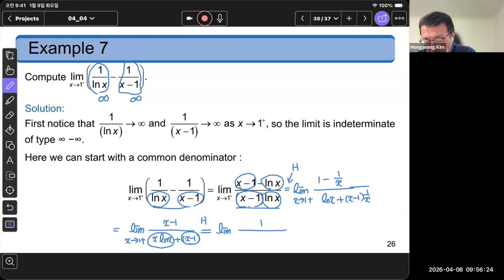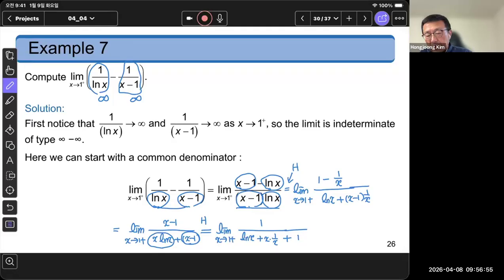In x times ln x, if I differentiate x, you get 1 and you have ln x. And if I keep x and differentiate ln x, you get 1 over x, so x times 1 over x. And then if I differentiate x minus 1, you get 1. And then you let x go to 1 from the right.